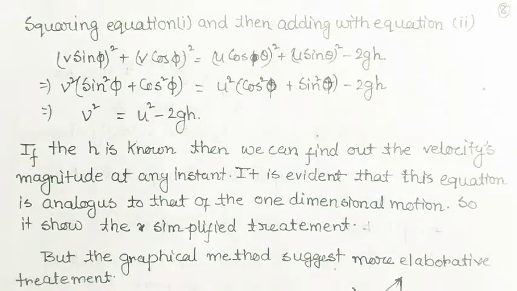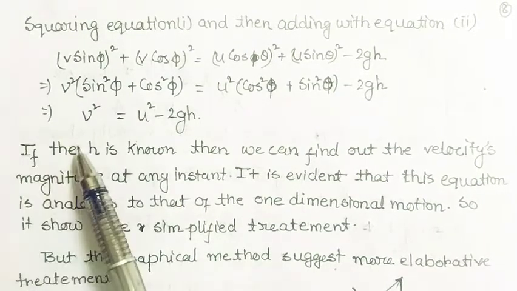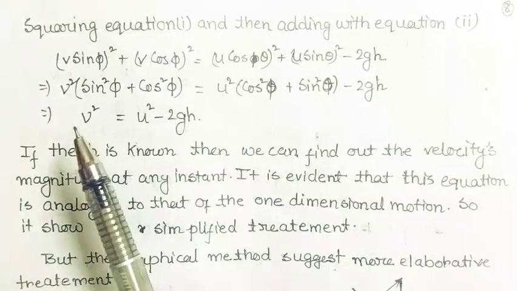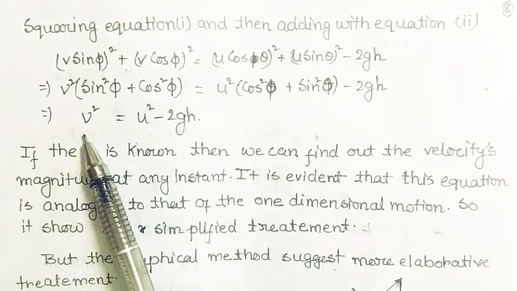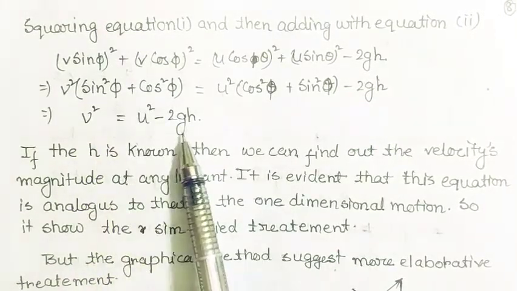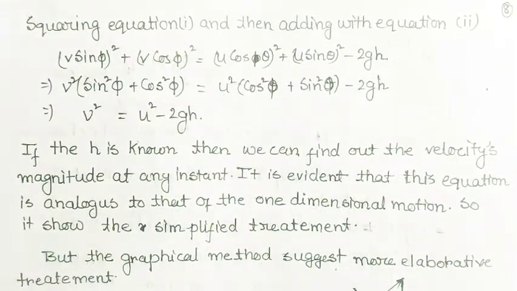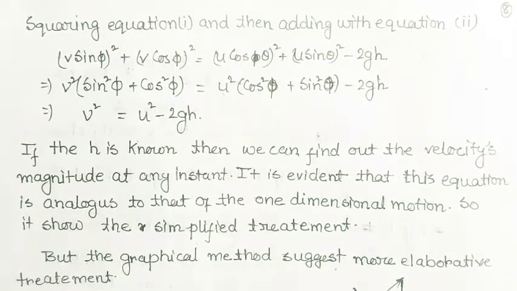You just know the instantaneous velocity at that point. Using a very simple equation, the vertically upward motion equation somehow matches with the projectile motion.